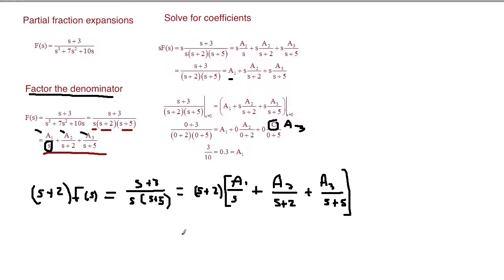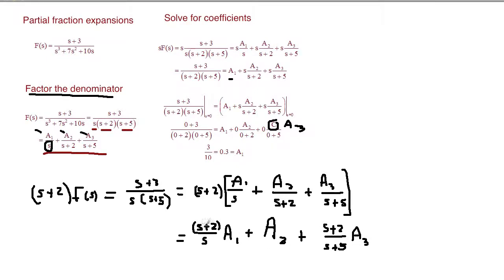Here, this gives me s plus 2 divided by s times a1 plus a2 plus s plus 2 divided by s plus 5 times a3.